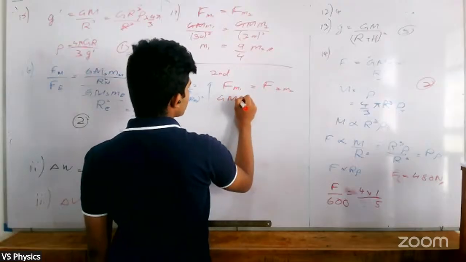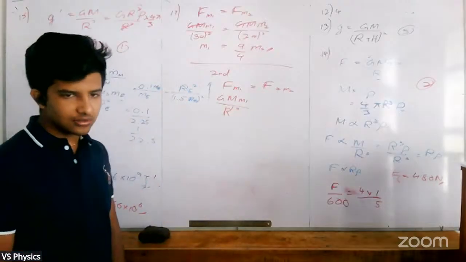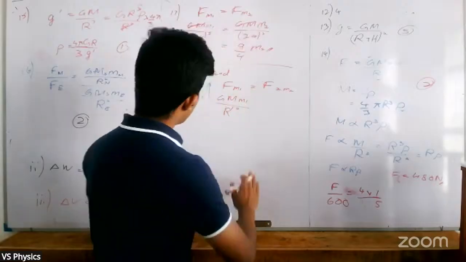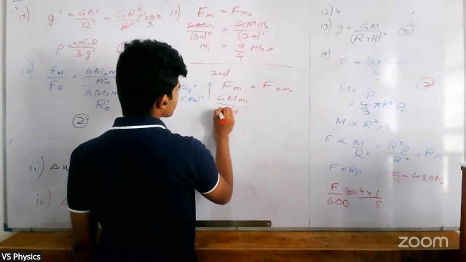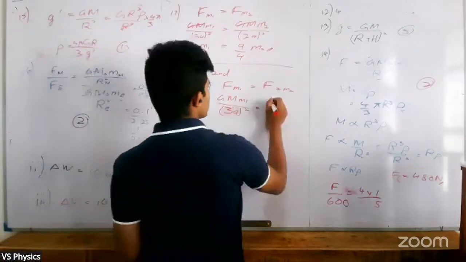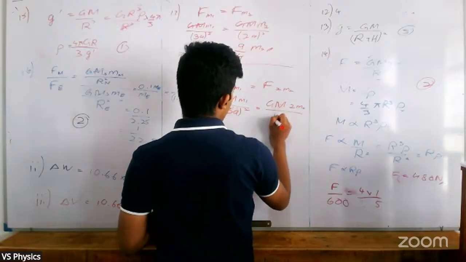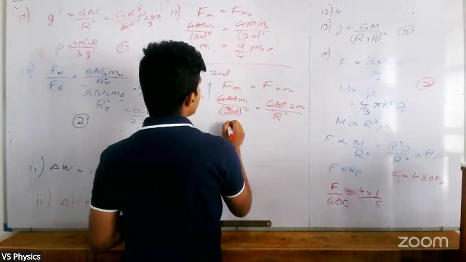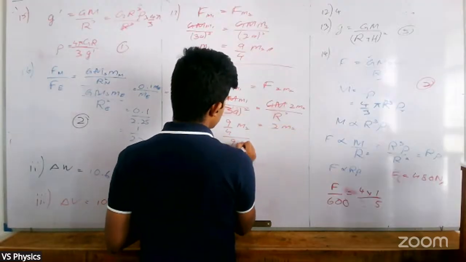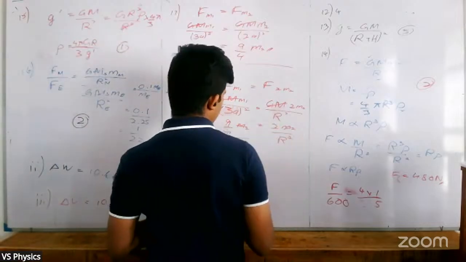Force by m1 is going to be G M m1 divided by (3a) squared, since we are not finding a new position for it, we are just changing the distance, which is equal to G M 2 m2 divided by R squared. G M gets cancelled off. m1 is 9 over 4 m2, with the 2 multiplied, divided by 9a squared. R squared, 9 and 9 can be cancelled, m2 and m2 can be cancelled.